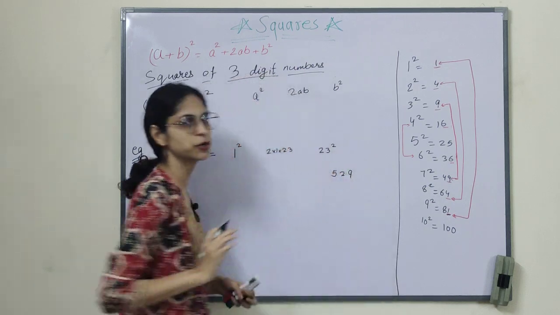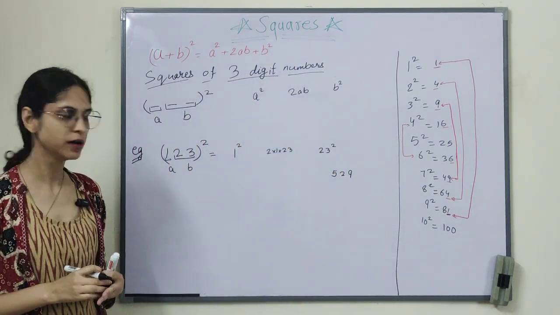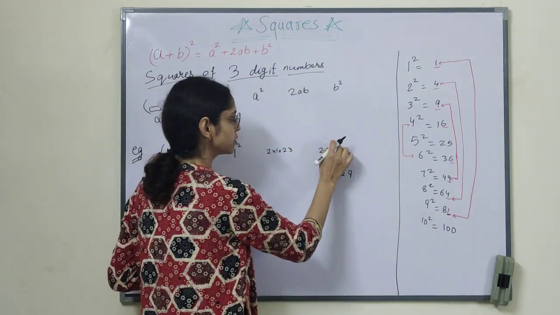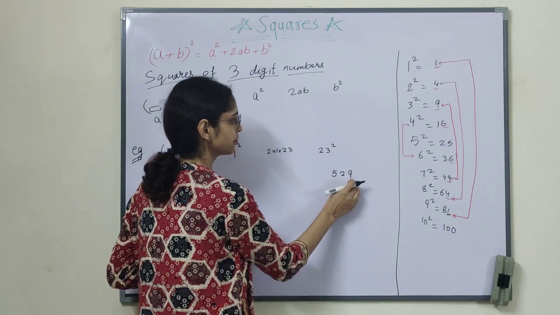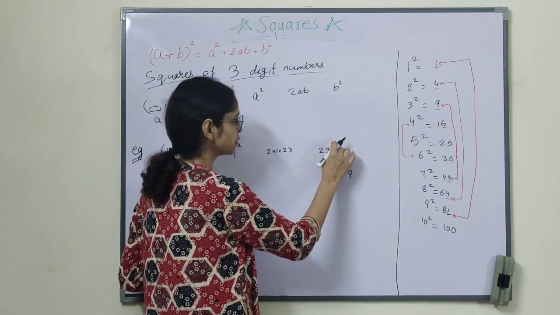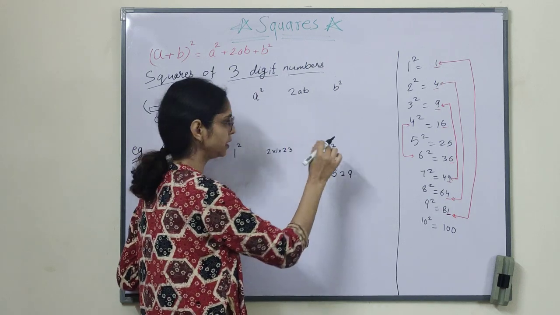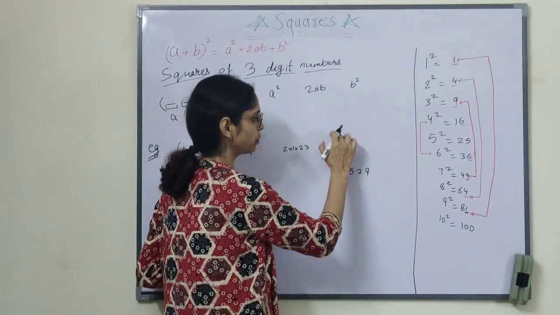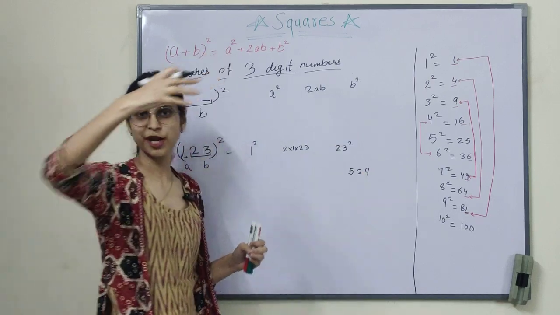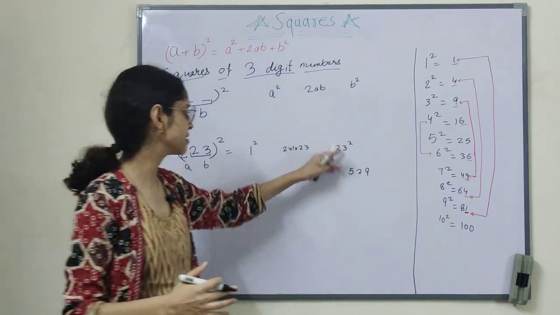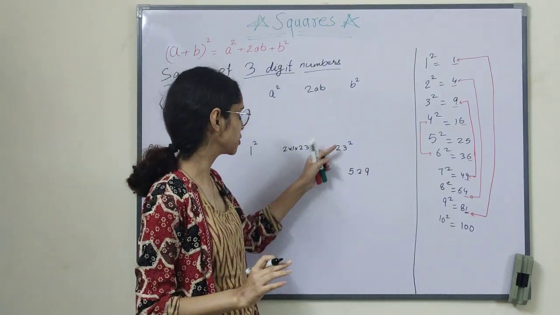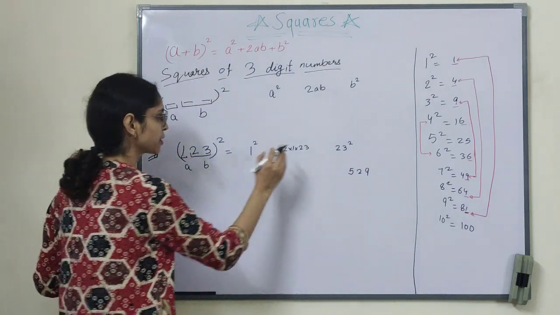So this is 529. Okay, got it? I had explained it in 3 different steps. This is how I do it. Alright. So 23 square is 529.